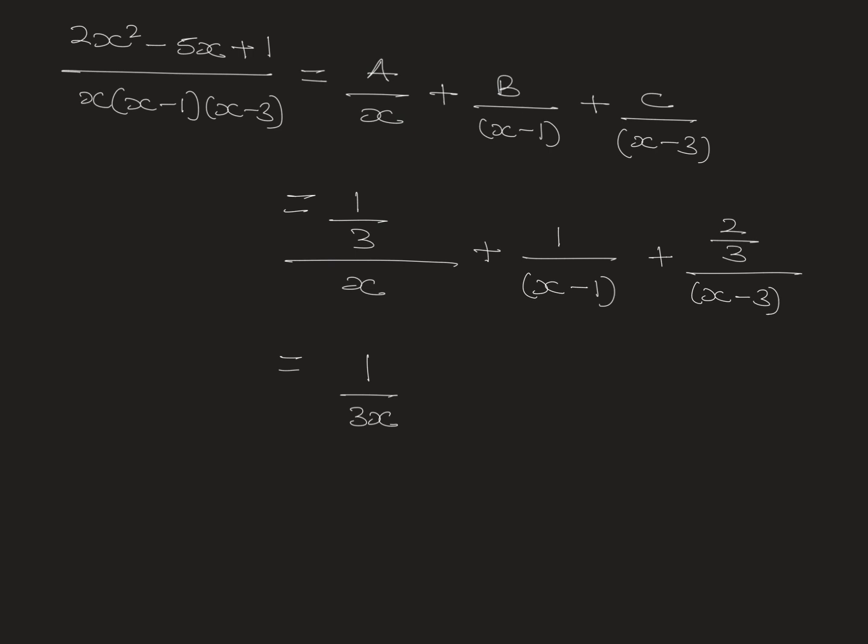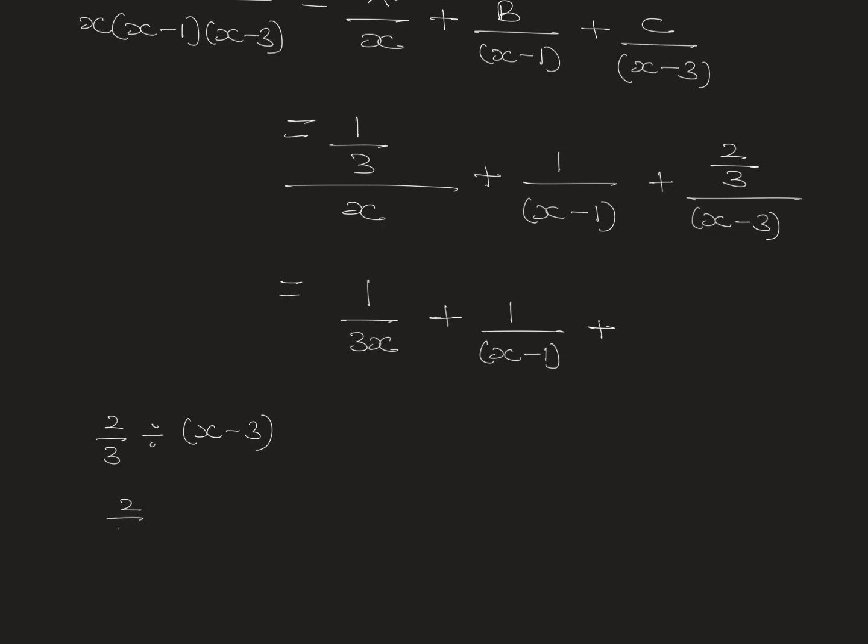Moving on. So that is 1 over 3x plus 1 all over x minus 1 plus, if I have 2 over 3 all over x minus 3, how do we solve that? That is 2 over 3 divided by x minus 3. That is the same as 2 over 3 times 1 all over x minus 3.